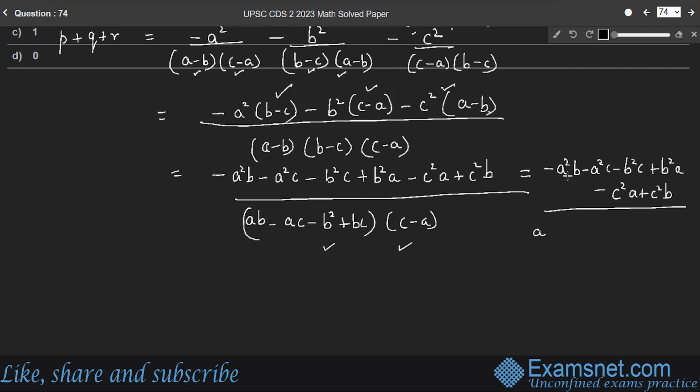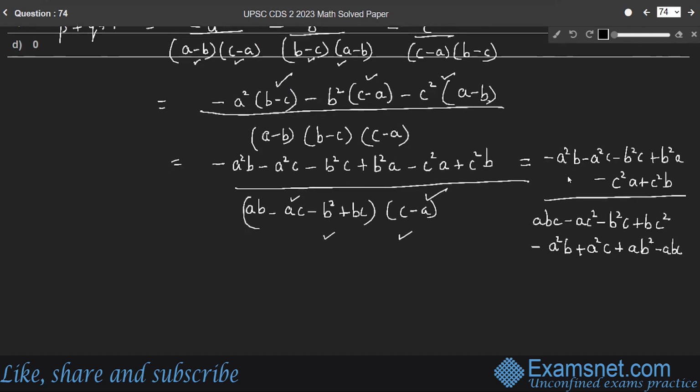C into the first term is abc, c into minus ac is minus ac square, c into minus b square is minus b square c, c into bc is plus bc square. Minus a into ab is minus a square b. Next, minus of minus becomes plus a square c. Then minus a into minus b square is plus ab square. Minus a into bc is minus abc.